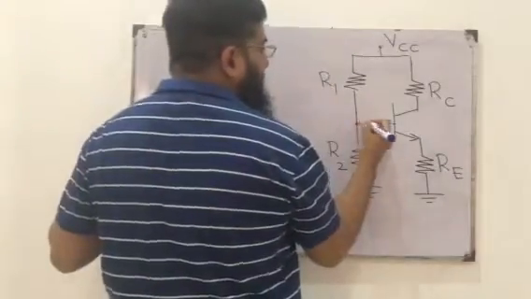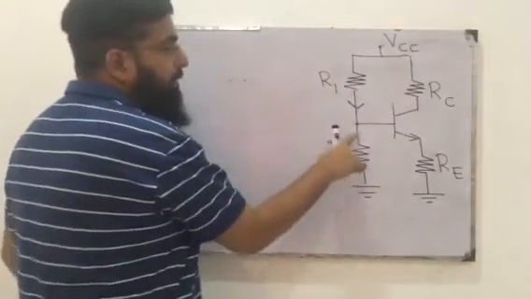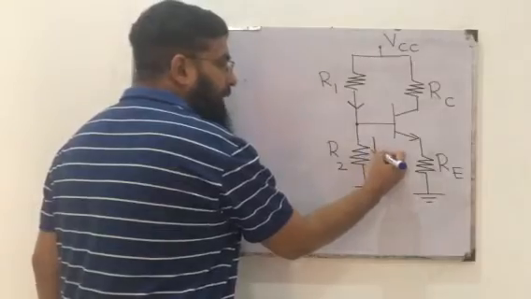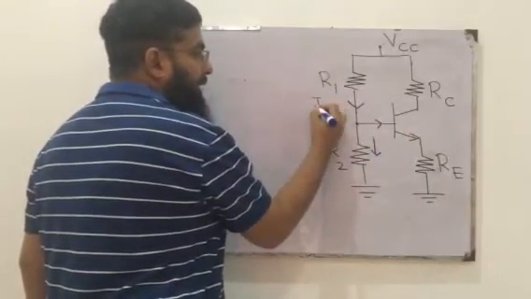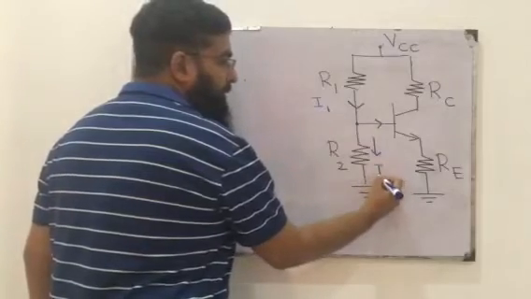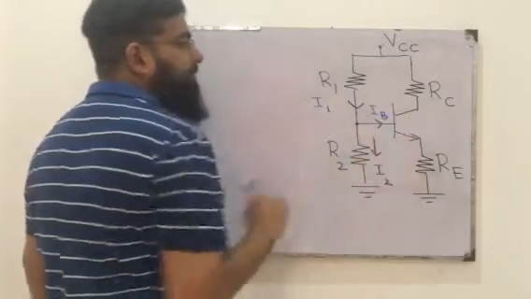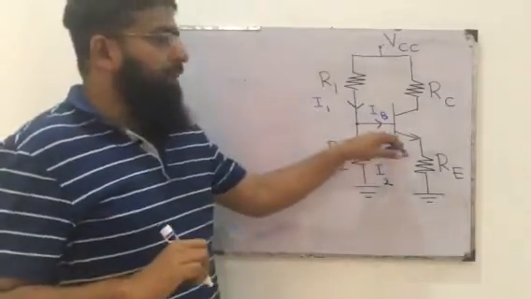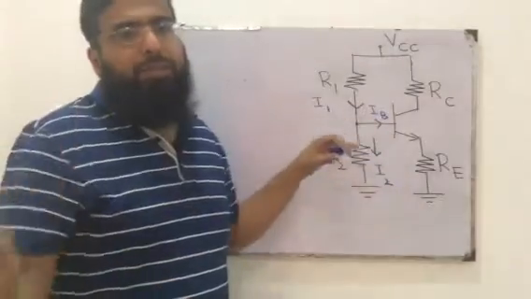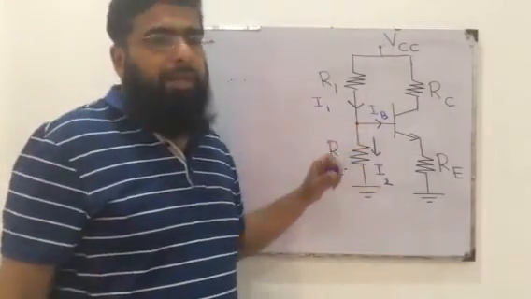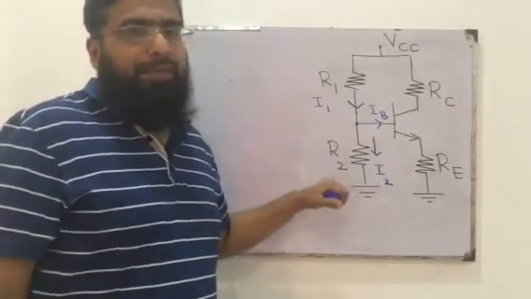The current that flows through resistor R1 enters resistor R2 as well as the base. If we call this current I1, it splits into two parts, I2 and the base current. In the exact method, we don't neglect this IB. In the approximate method, we'll neglect IB because its magnitude is small. But here we won't neglect it.